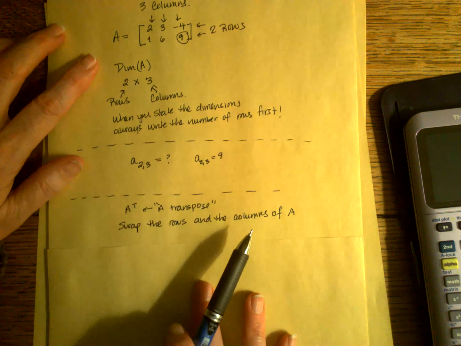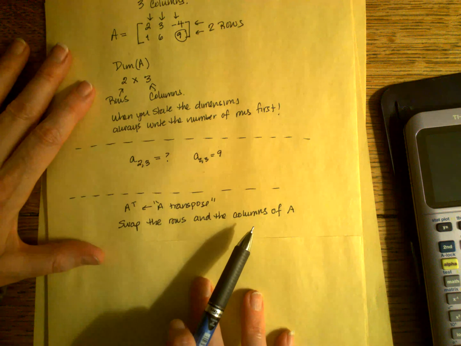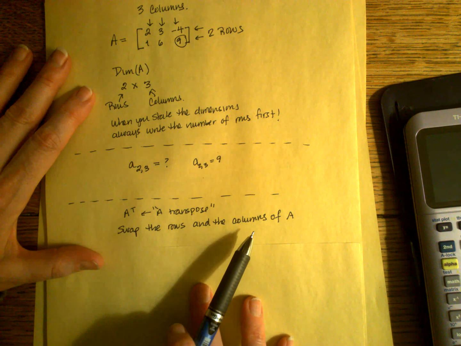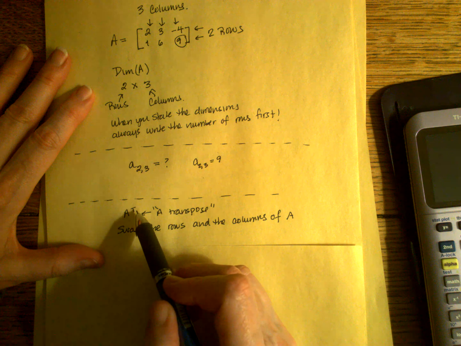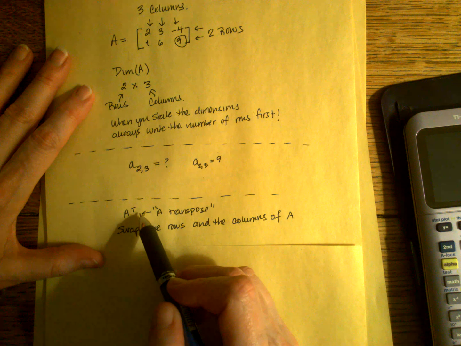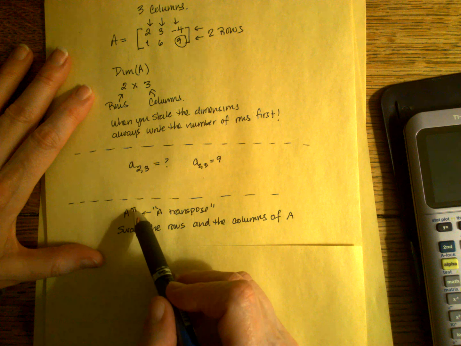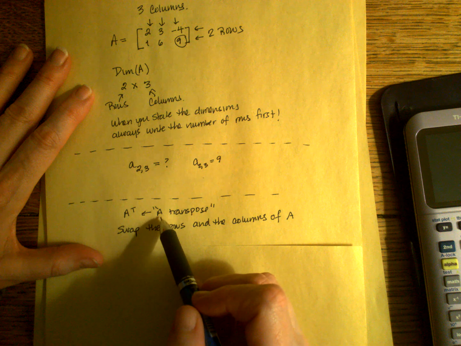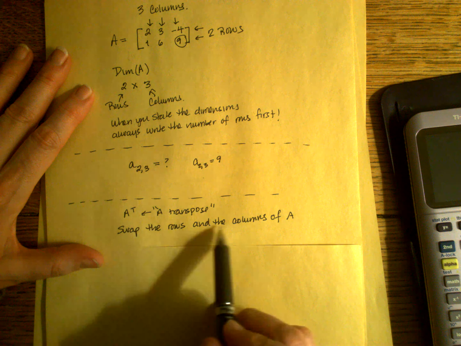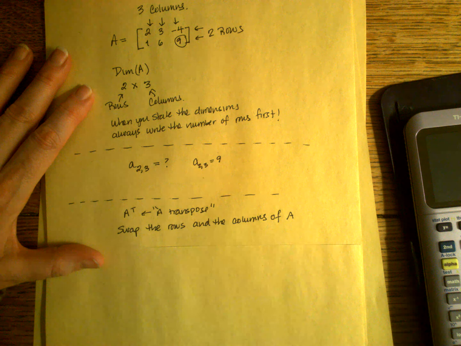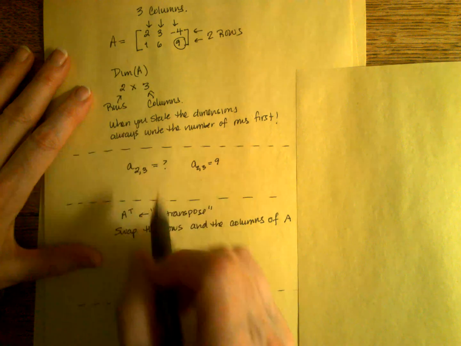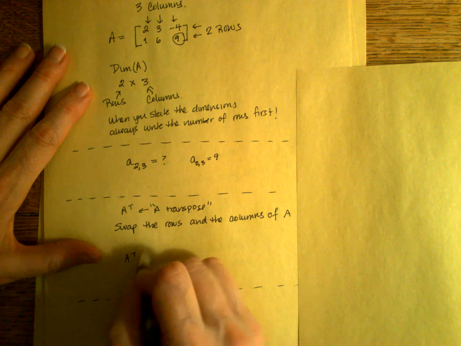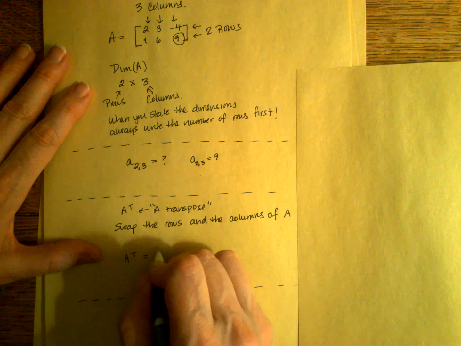And then we also have operations and algebra associated with matrices. This A with a little t that looks like it's sitting in an exponent means A transpose, and that's when you swap the rows and the columns of the matrix. So if I'm going to find A transpose for this particular matrix, what was the first row becomes the first column.